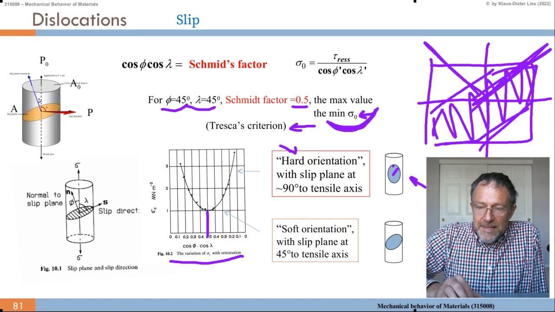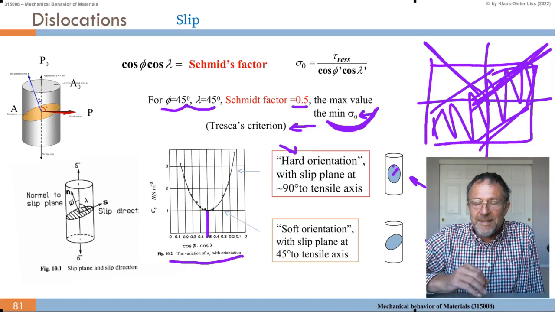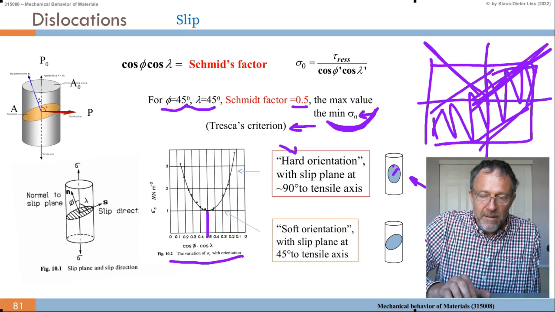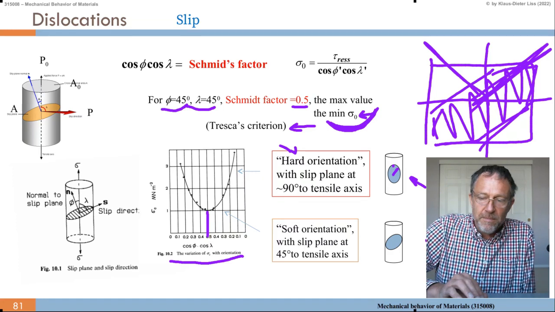And the same if the plane is horizontal: you pull in this direction, P outside, but you want to slip in this direction. Now there's a competition between slipping left or slipping to the right hand side, so it does not slip. You don't have a force component projected onto this plane.